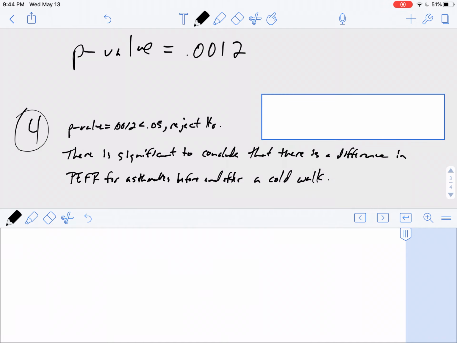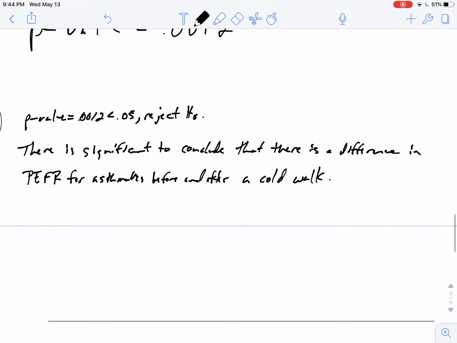So that basically does give me evidence to conclude that there is a difference between these two values.